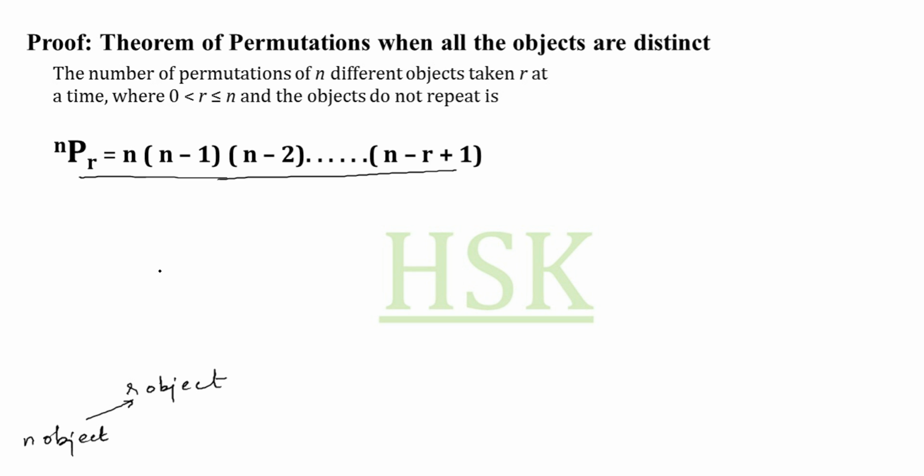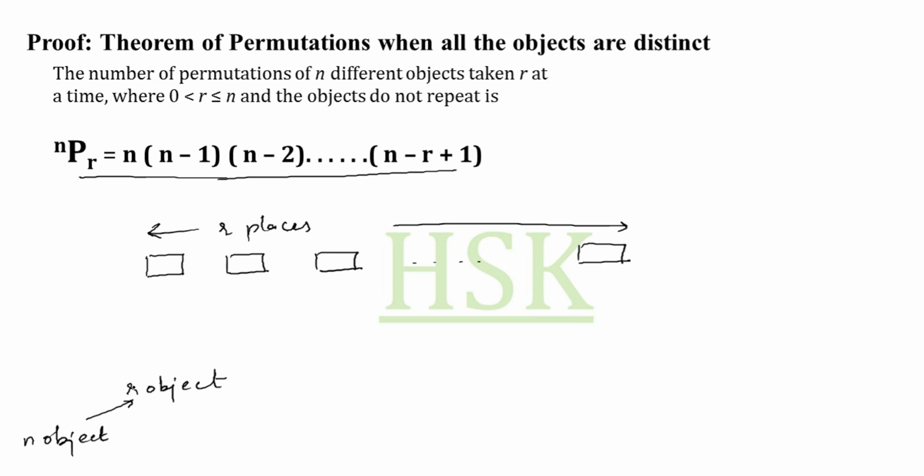The objects which are selected would be numbered. So I assume that I have these r places. How many places? r places are there in all in which we have to arrange these r objects.